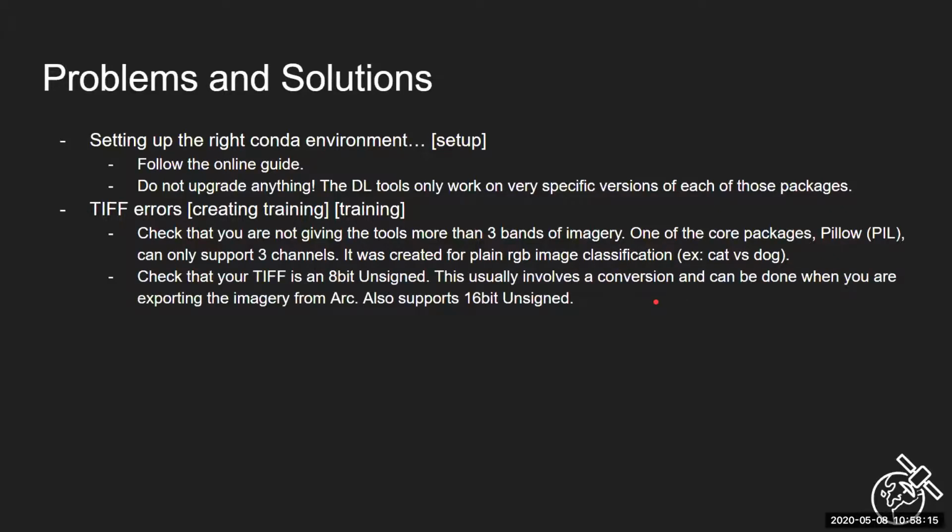And then make sure it's 8-bit unsigned. I ran our data in 16-bit unsigned, and I remember the 8-bit from remote sensing is the maximum an eye can detect between colors, so 16-bit's kind of overkill. So we just kept it 8-bit to keep it computationally a little bit easier.